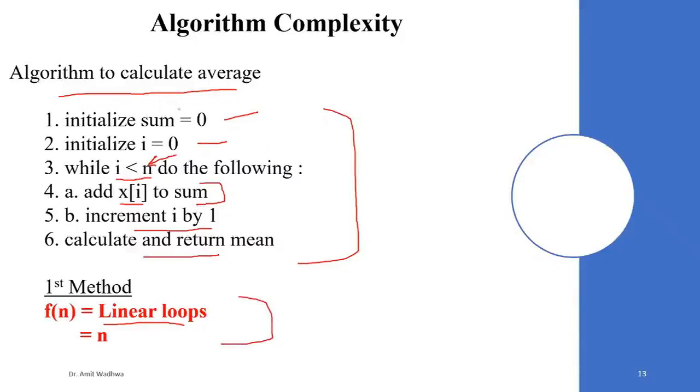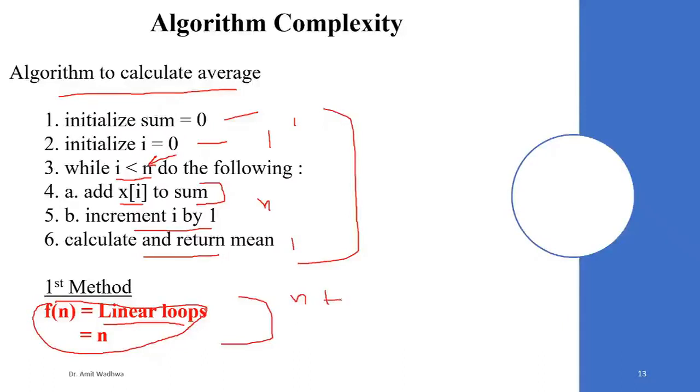So 1 for this statement, 1 for this statement, n computations for this statement, and 1 for this. So total will be n plus 3, but generally n or n plus 3 means the same thing. We'll discuss that later on also. So it will be like n plus 3.